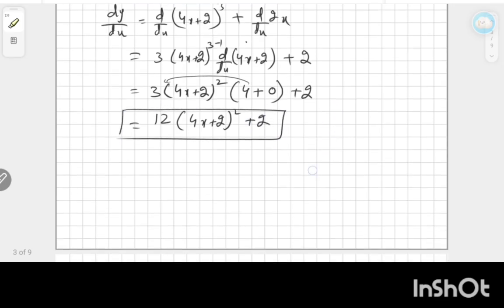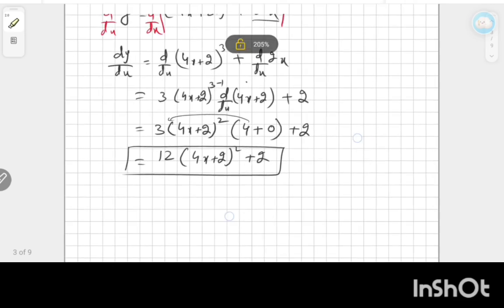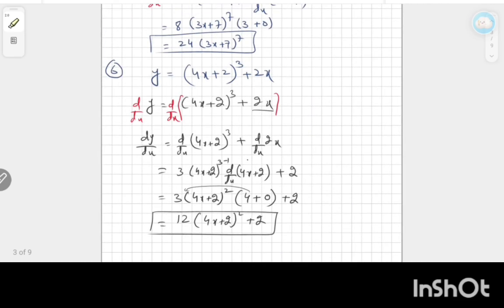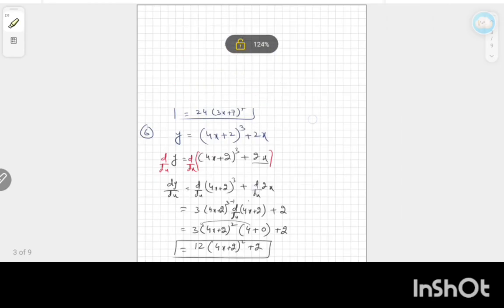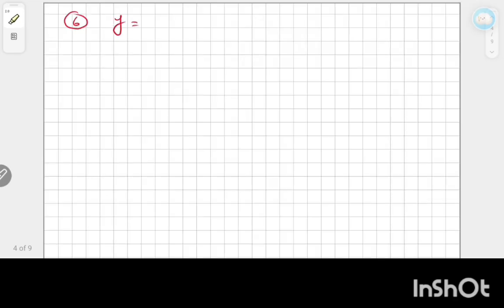Next question is question number 7. What is question number 7? I have to write it here. Question number 7, y equals the square root of 2x, and we want its derivative. How do we solve this one? Remember the power.